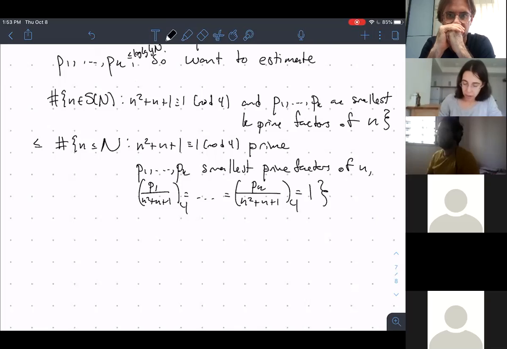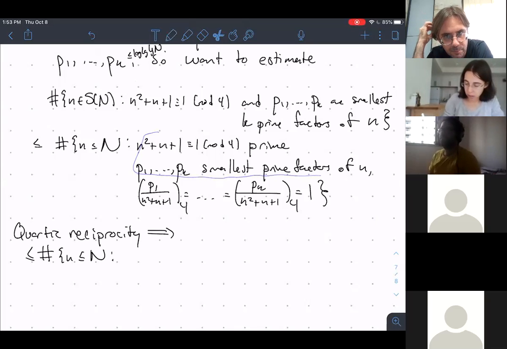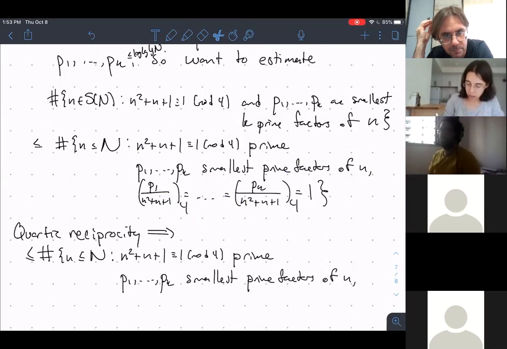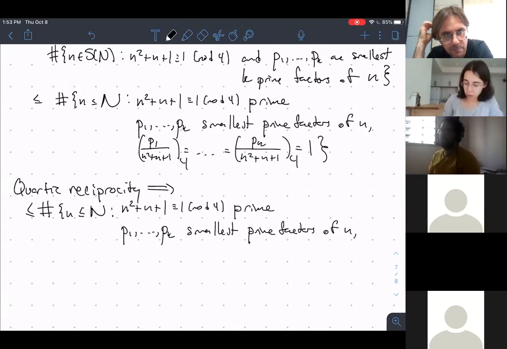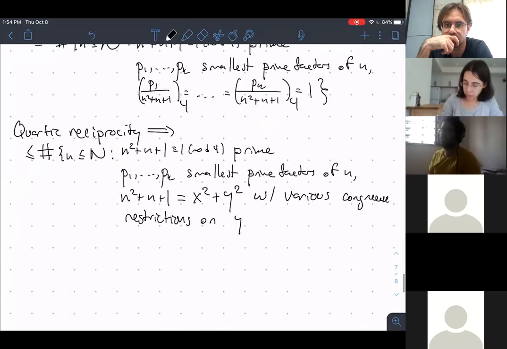Okay, so by using one of the incarnations of the quartic reciprocity law, we get that this is the same as bounding, same conditions on n, but now the quartic residue condition turns into that n squared plus n plus 1 can be written as a sum of 2 squares with various congruence restrictions on y that depend on all of the pi's.